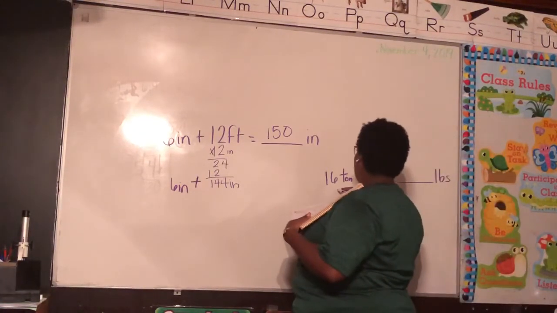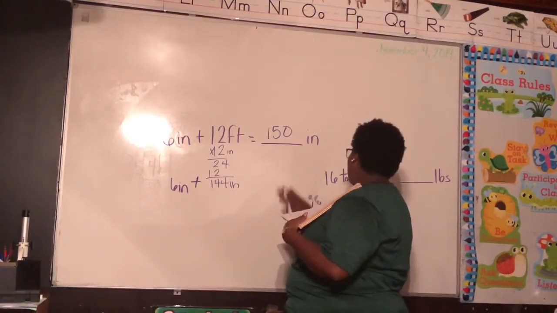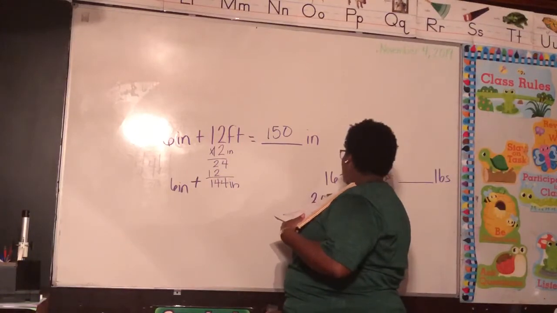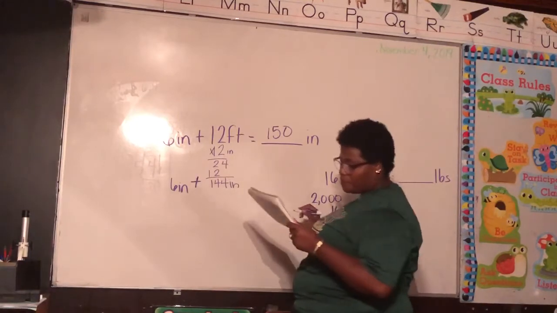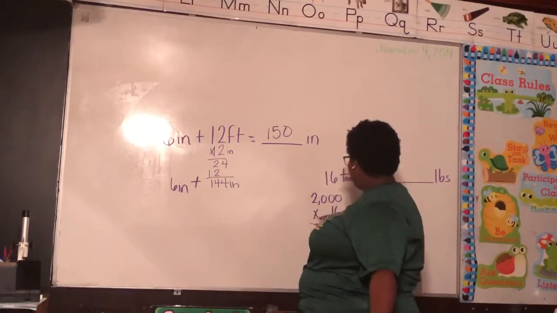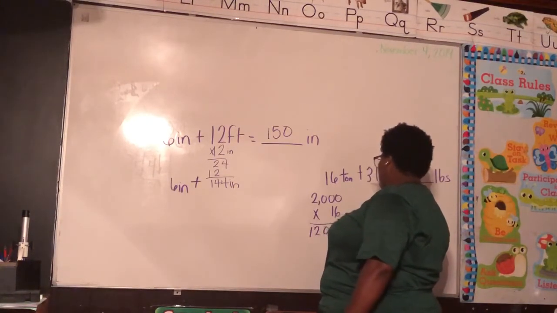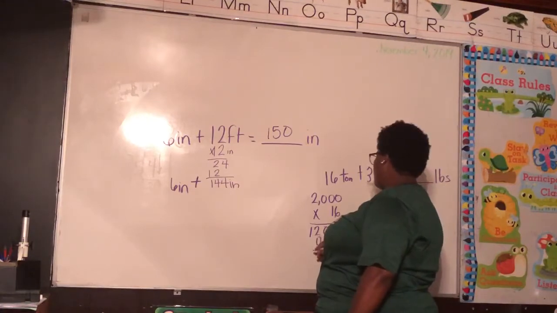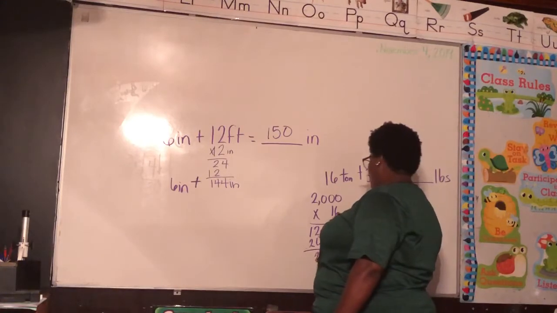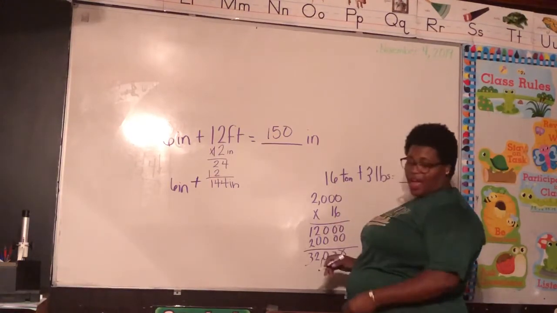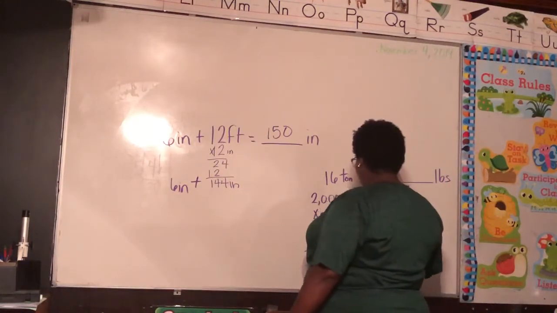So we have 16 tons that we need to make into pounds. So 16 times 2,000. Correct? Let's multiply that. I got 32,000 pounds.